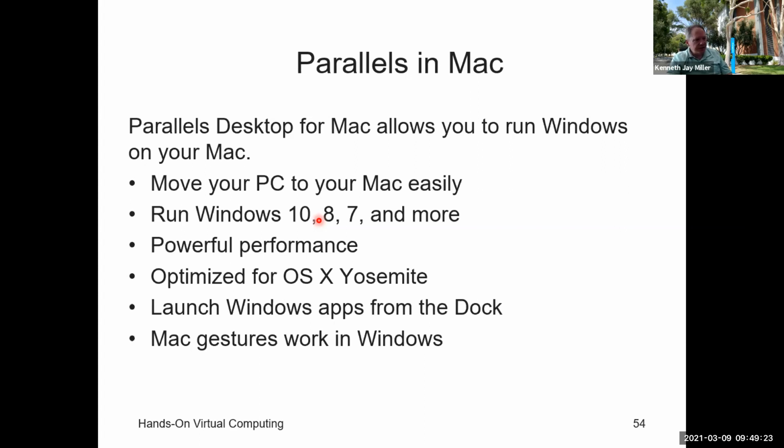The other thing that you can do with Parallels is you can actually, in your dock, which is that bar normally at the bottom of your Macintosh, put your Windows apps there. So let's say we have an application that only runs in Windows, like Microsoft Office Access. The database application in Office is known as Access.